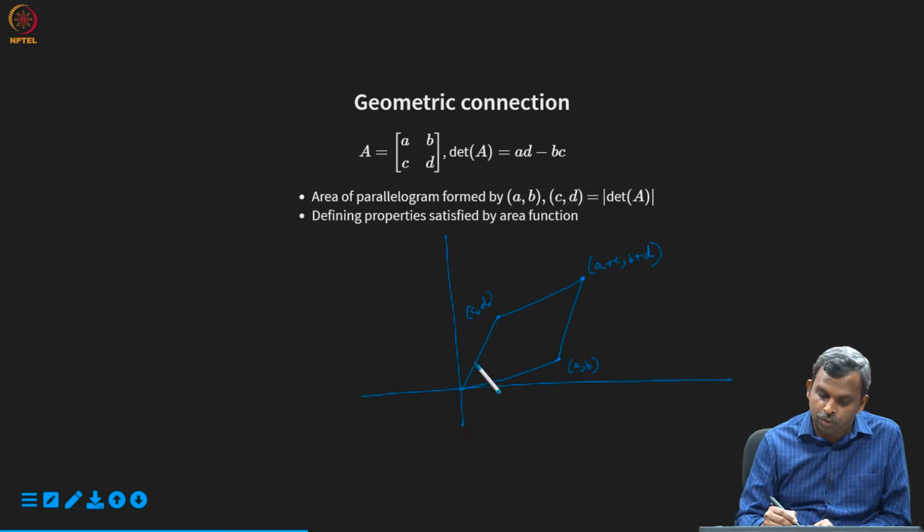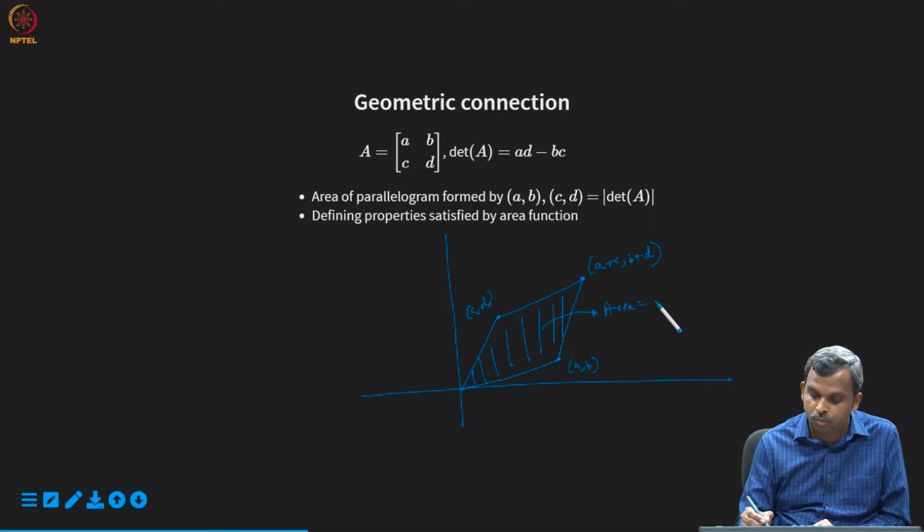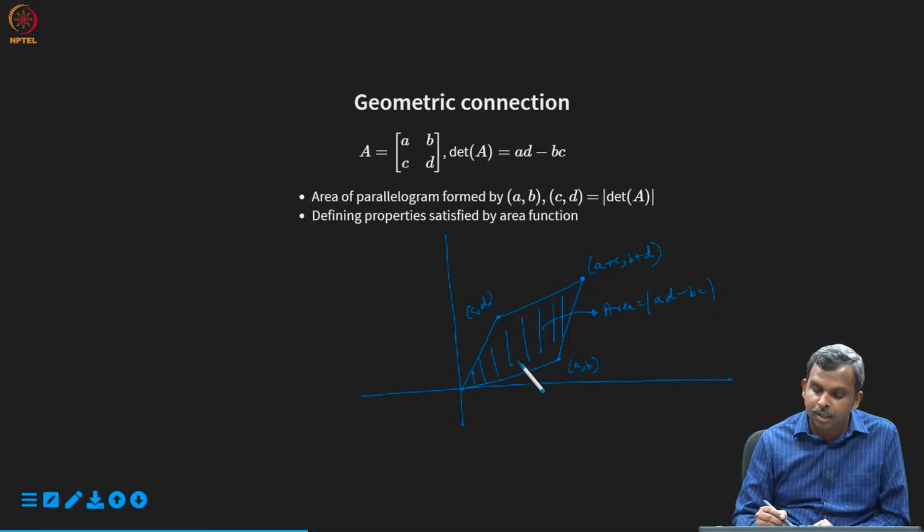If you want to compute the area of this, it's actually the absolute value of AD minus BC. You might have seen this. If you have not, this is one of the motivations for why the determinant is defined in this fashion.